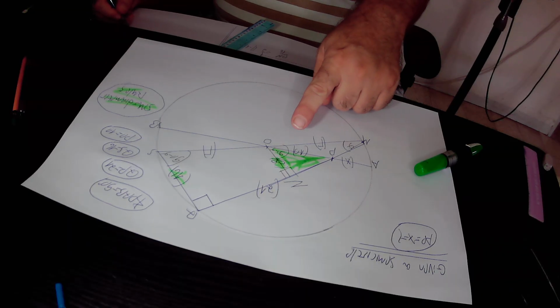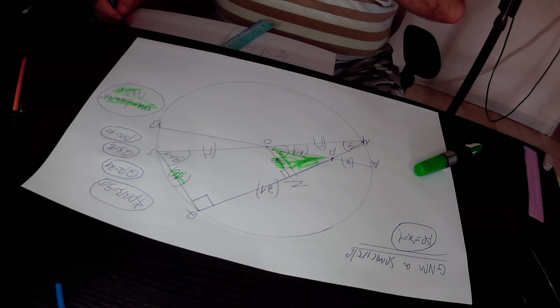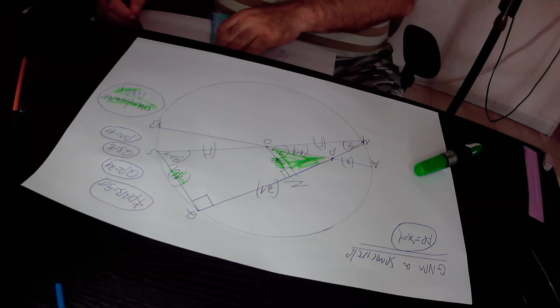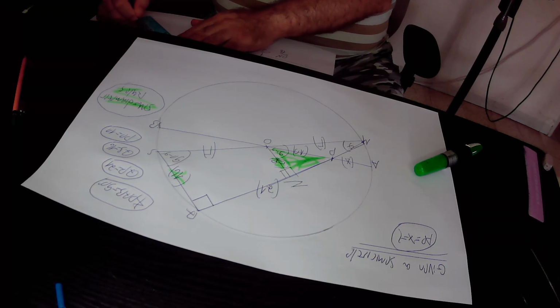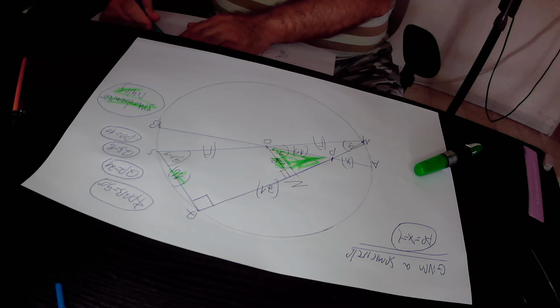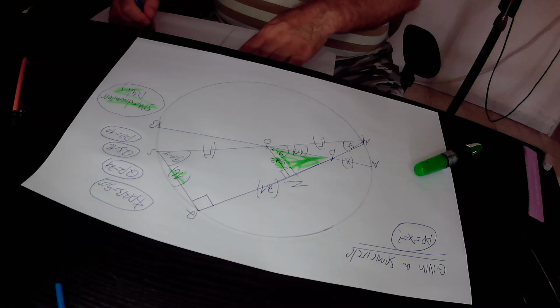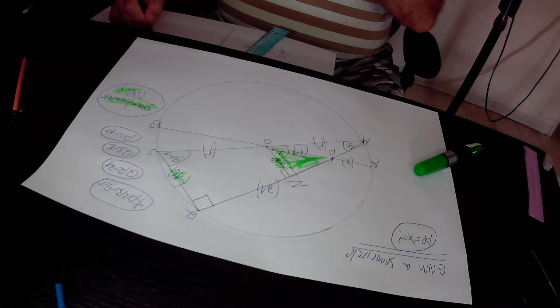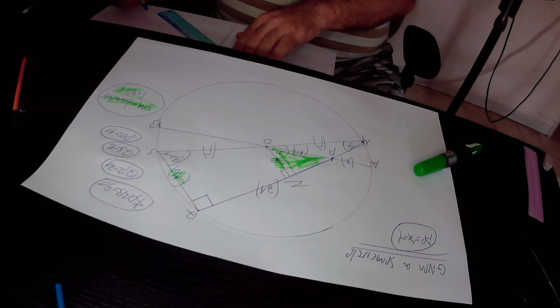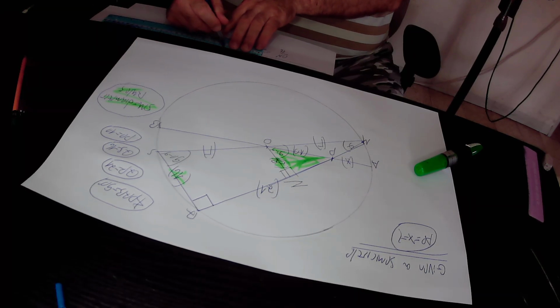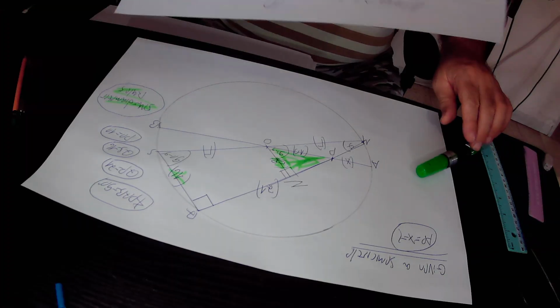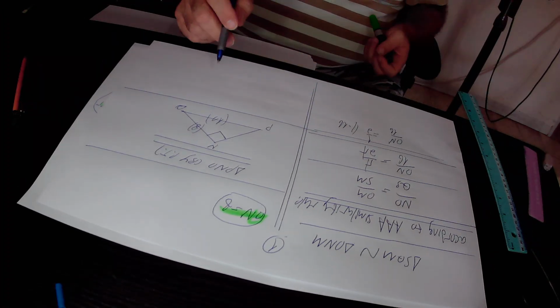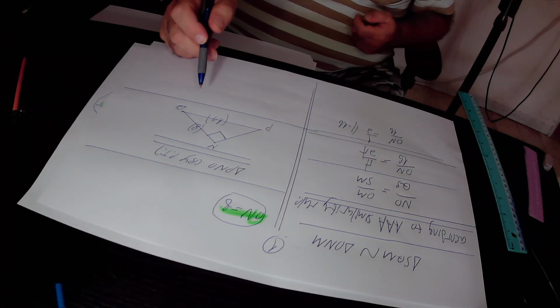And PO equals 10 units in its length according to what we have already found out. So actually, this is the small green right triangle P and O that I copied from the original drawing.